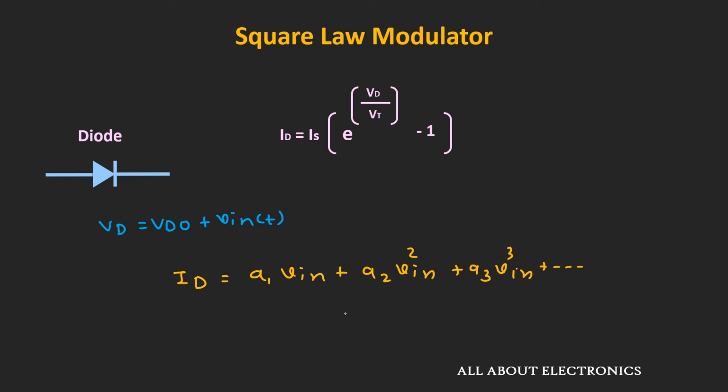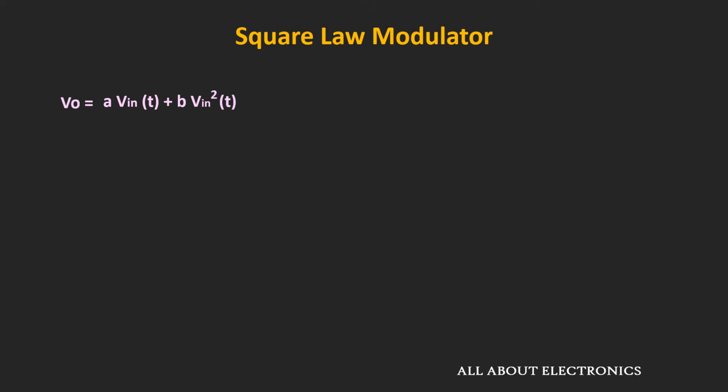And when this diode current is passed through the load resistor, the voltage across the load, or the output voltage, will follow this relationship. That means the output of the nonlinear device will be given by this expression. Now as I said, this Vin(t) is equal to m(t) plus Ac cos omega c t, right?